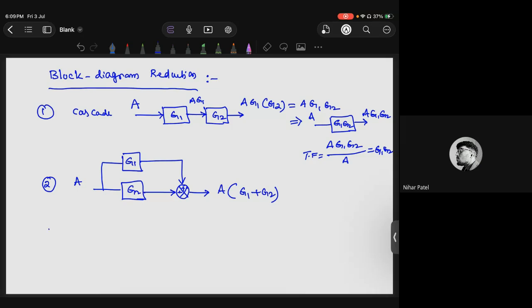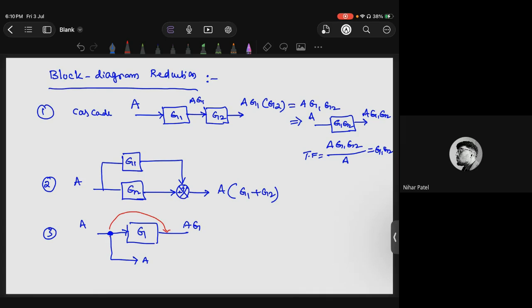Let's say one more thing. If you have Z, let's say input A, you will get AZ here. Let's say this signal is also A. Suppose your intention is to shift this branching point to there.